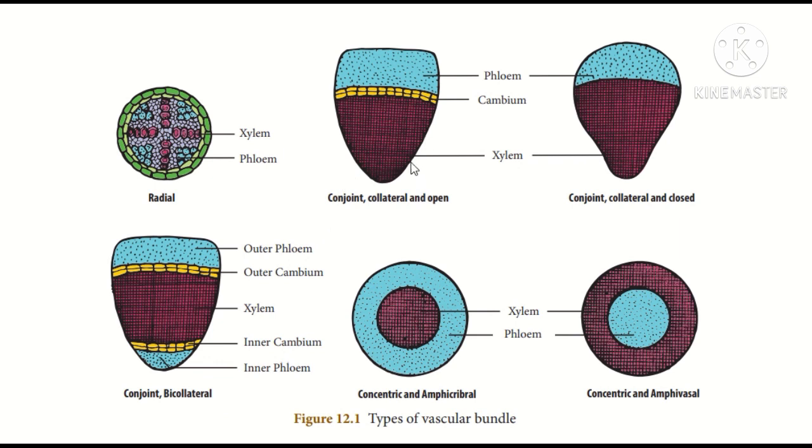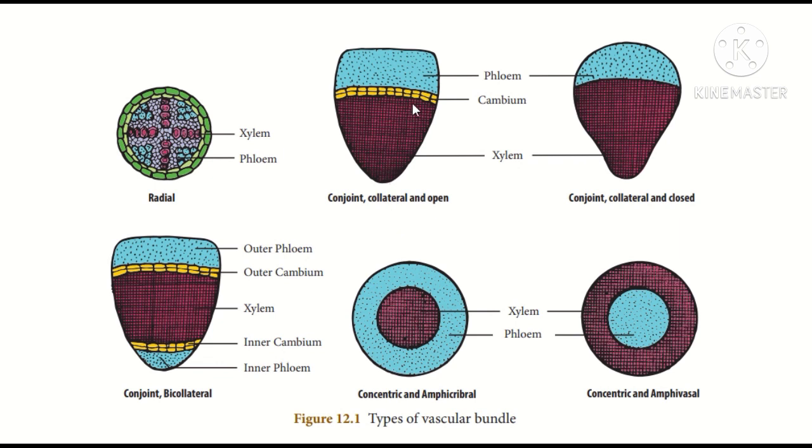If xylem lies towards the center and the phloem lies towards the periphery, that is outer, this mode of arrangement is called collateral vascular bundle.